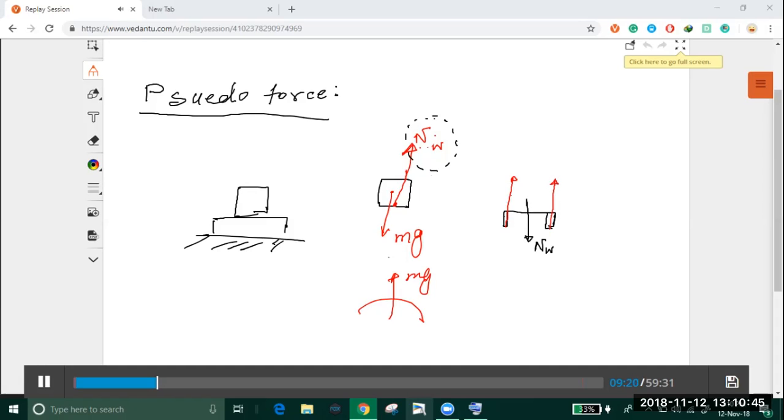So N_E, and on the earth surface there is a contact N_E. Clear? Yes, sir. Okay, so I'm neglecting these things because this is not required.